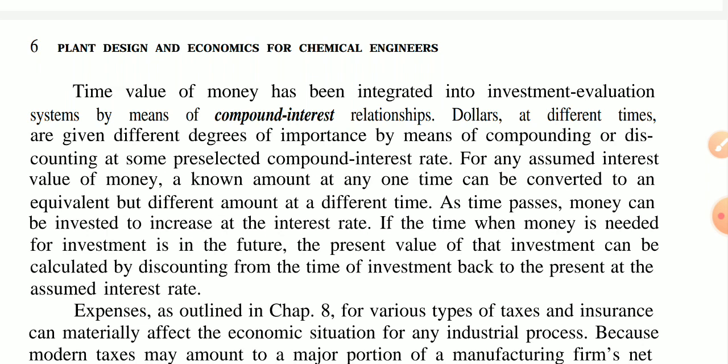If the time when money is needed for investment is in the future, the present value of the investment can be calculated by discounting from the time of investment back to the present at the assumed interest rate.